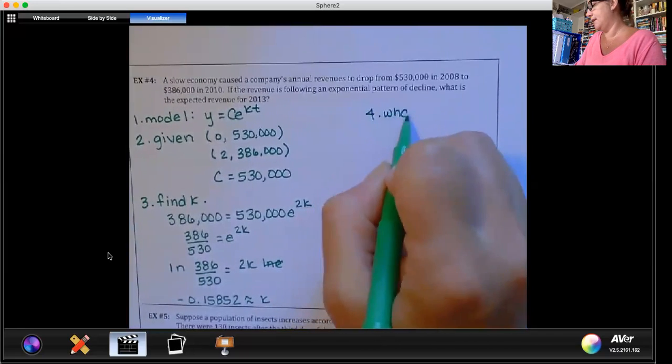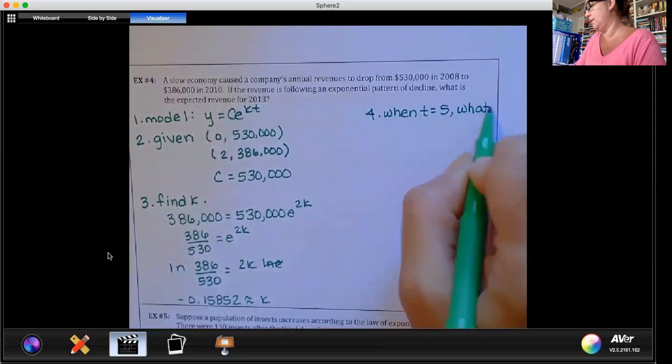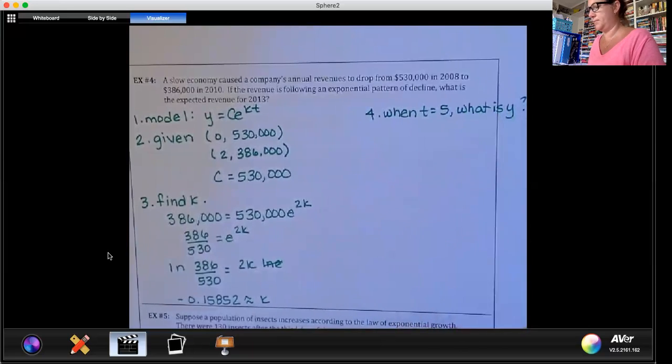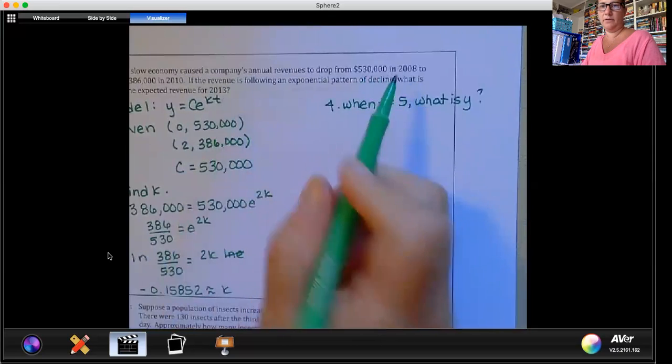So when t is 5, what is y? Now where did that 5 come from? 2013 is 5 years after 2008.